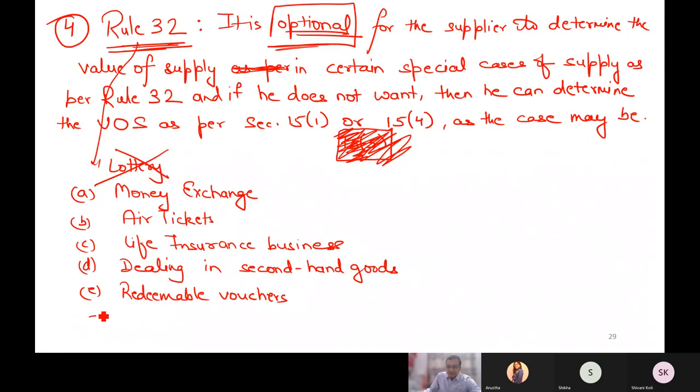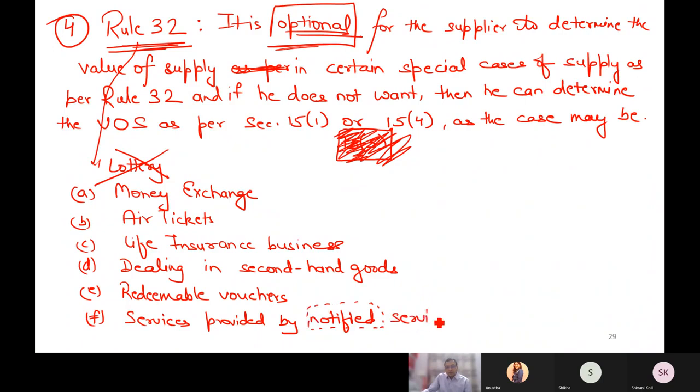Sixth supply is services provided by notified service providers. Notified, so some special cases.